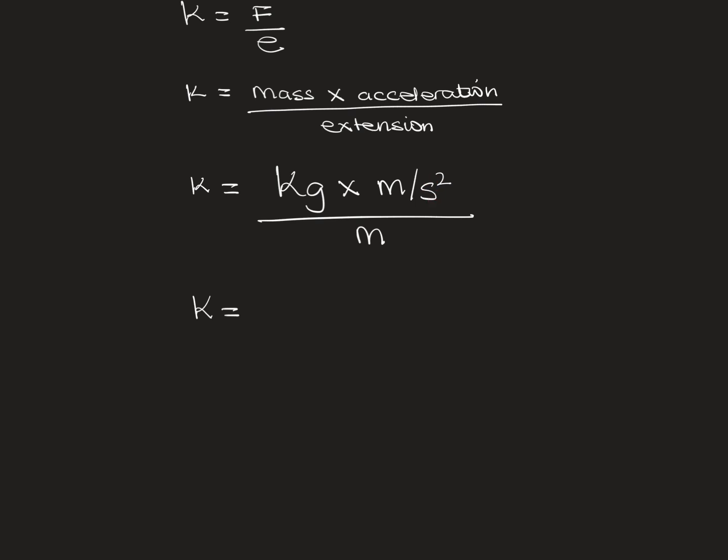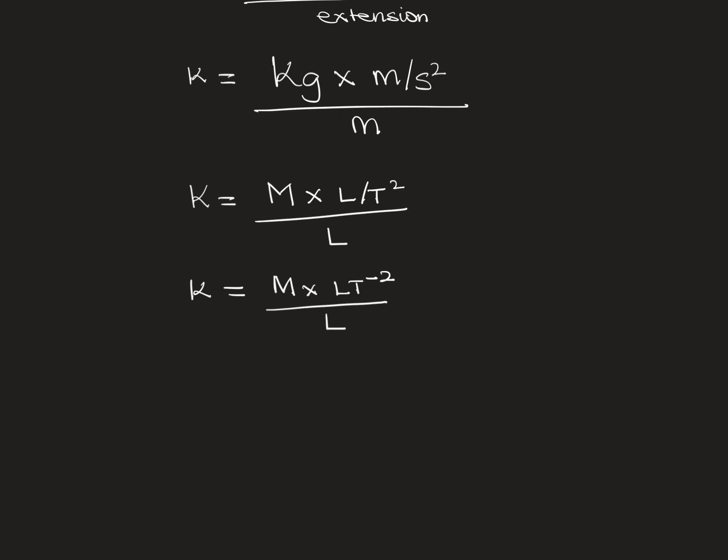So for kilograms, it's going to be M multiplied by, for the meters per second squared will be L per T squared divided by, for the meters it will be L. K is equal to M. This L per T squared can also be represented as LT to the power -2, all divided by L. So K is equal to, the length will cancel length, so we're going to have MT to the power -2.